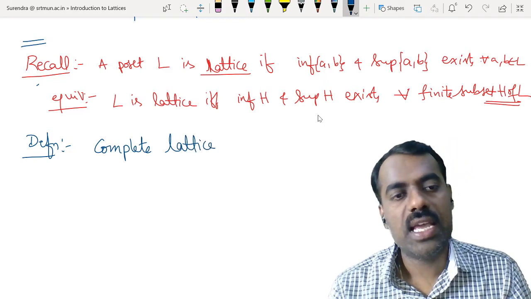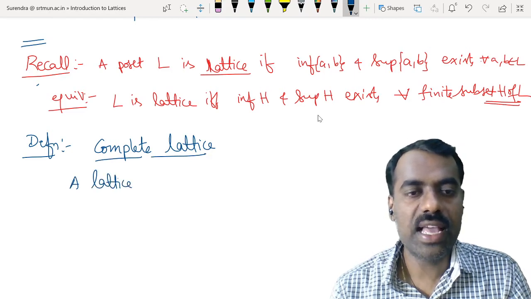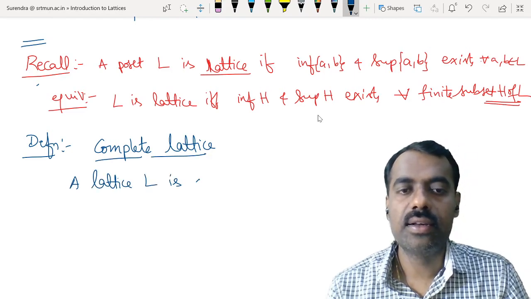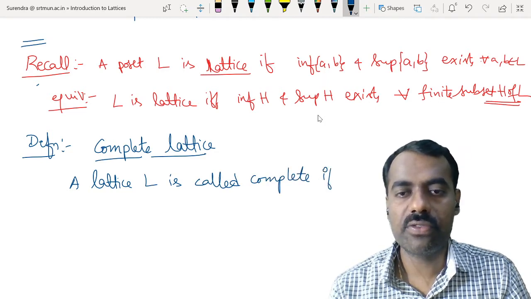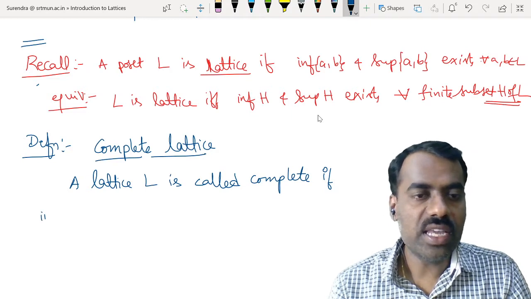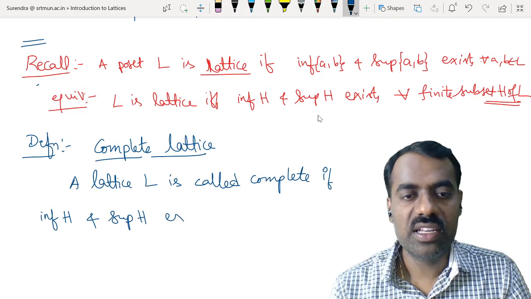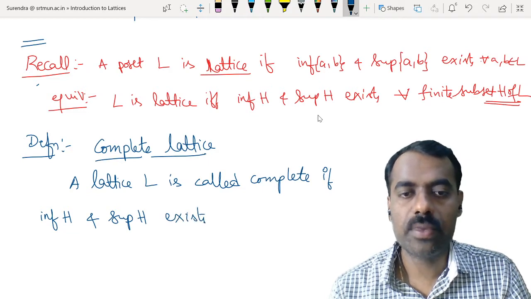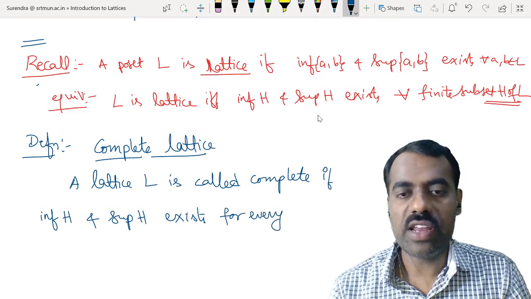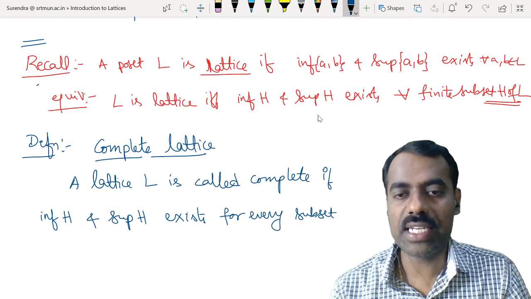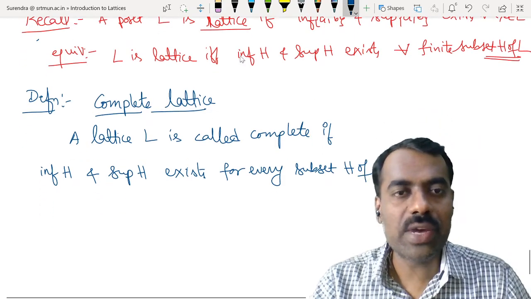A lattice L is called a complete lattice if the infimum of H and the supremum of H exist for every subset H of L. What is the difference between this one and the above one?